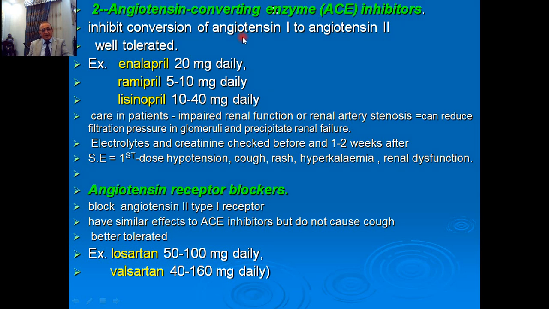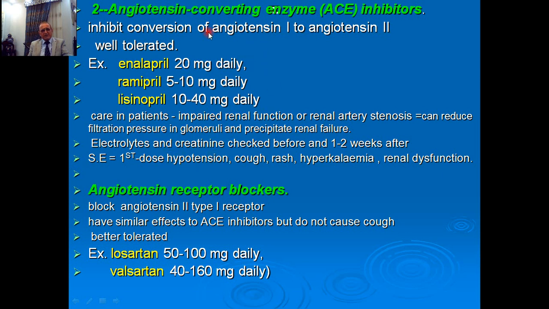Angiotensin converting enzyme inhibitors inhibit the conversion of angiotensin 1 to 2. They are well tolerated. Examples are enalapril, 20 mg, ramipril, and lisinopril. Regarding side effects, sometimes we should take care in impaired renal function or renal artery stenosis, and sometimes they cause first dose hypotension.